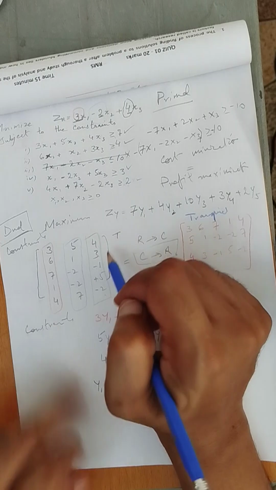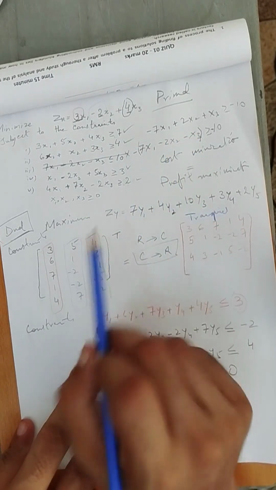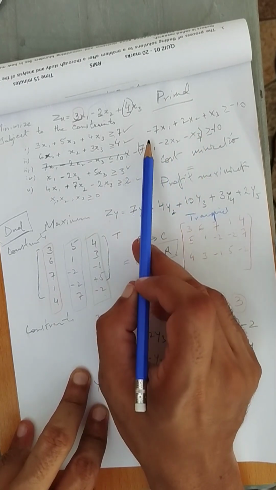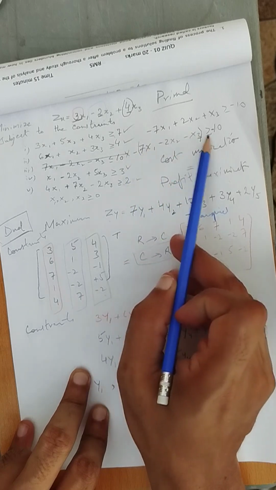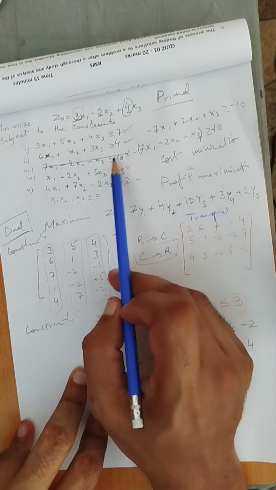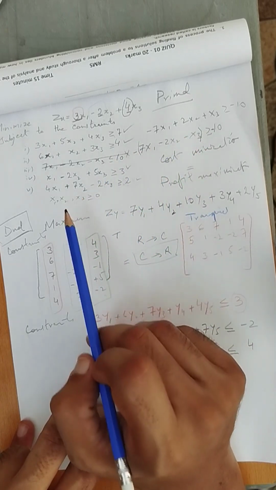So we overlooked this, we just changed the sign, but it is not like that. The sign will be changed whenever you convert the inequality sign as per the mathematical rule.